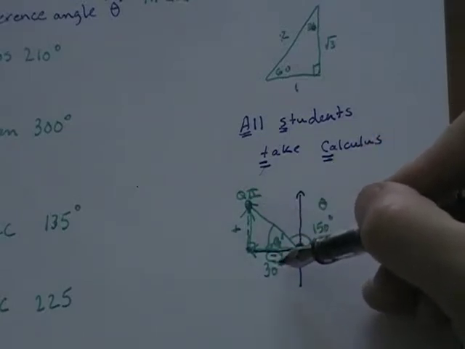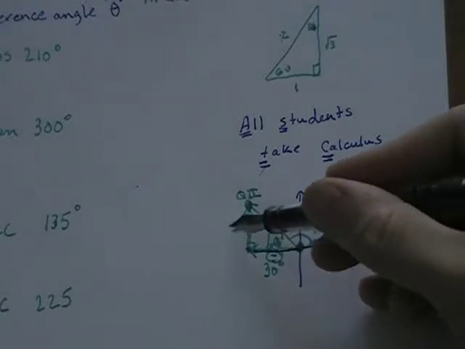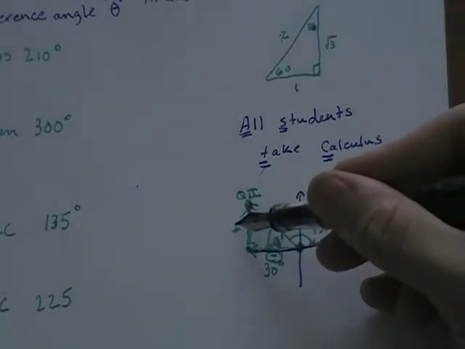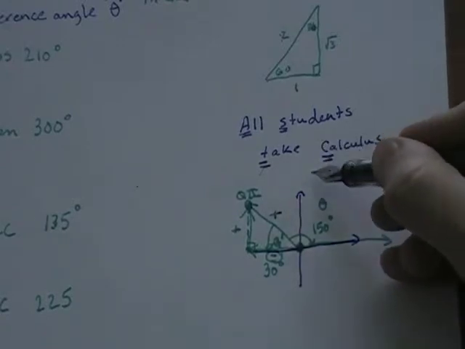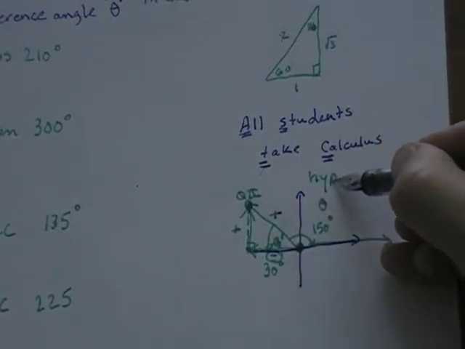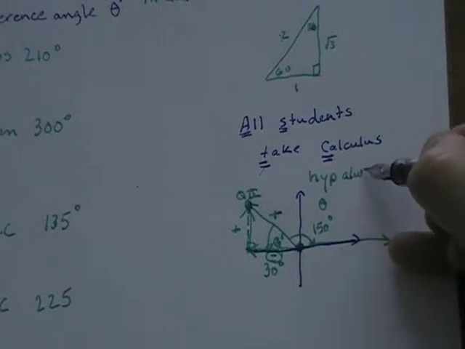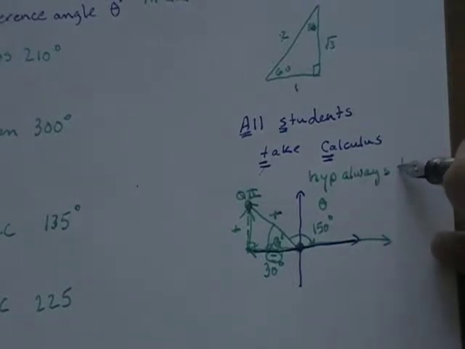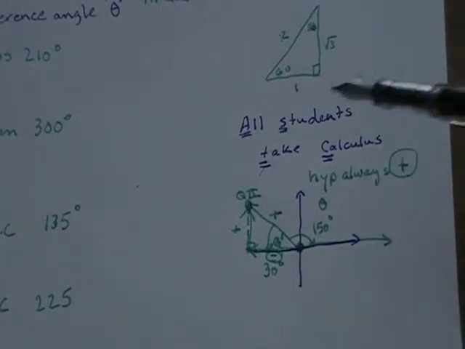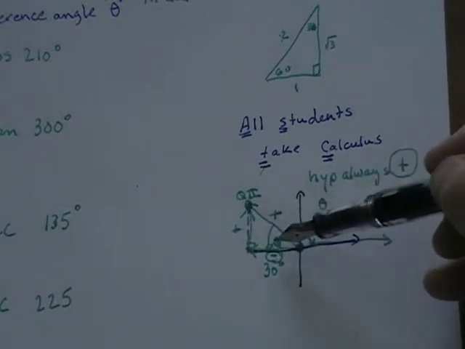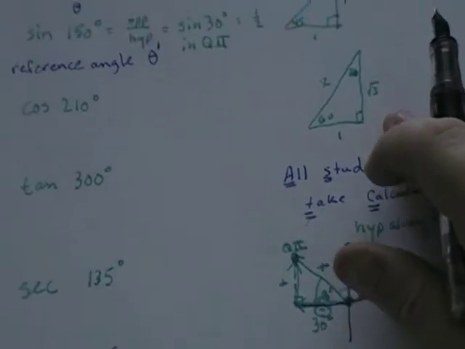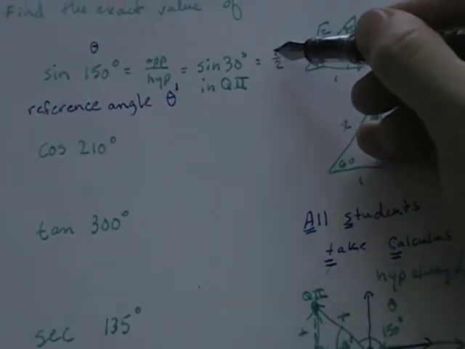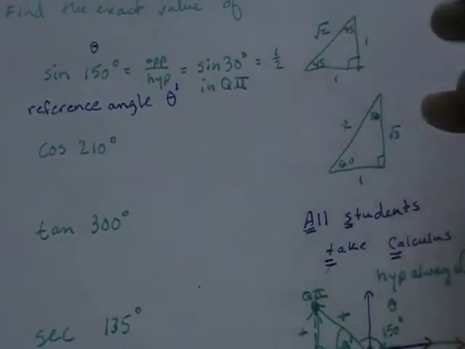When you square a negative, it becomes positive. You're going to square that number. That becomes positive, and you're going to take the square root, which is always going to be positive. The hypotenuse is always positive. So negative, positive, positive. So the opposite is positive. The hypotenuse is positive. So what happens? This is positive. Believe it or not, woohoo, 1/2.